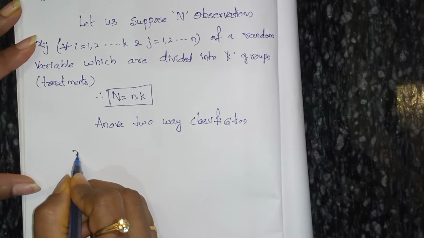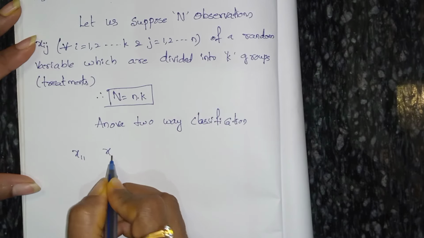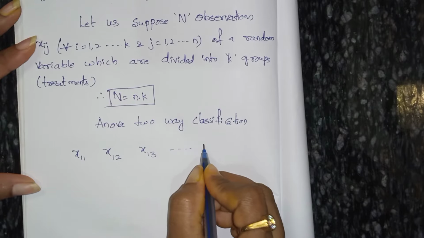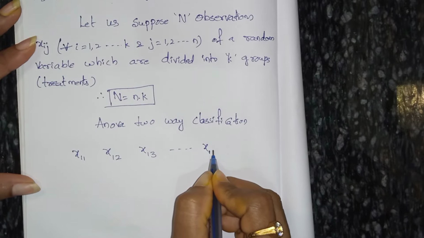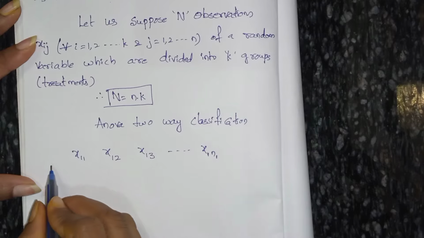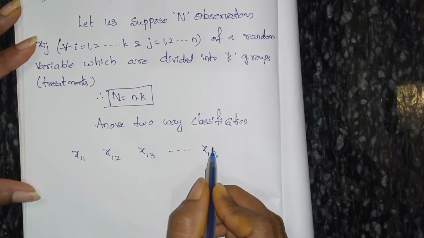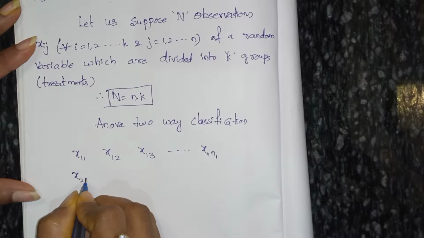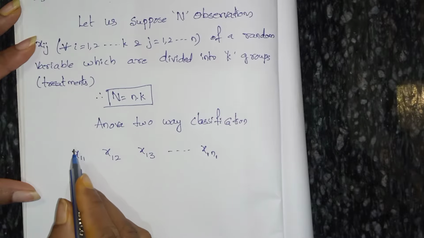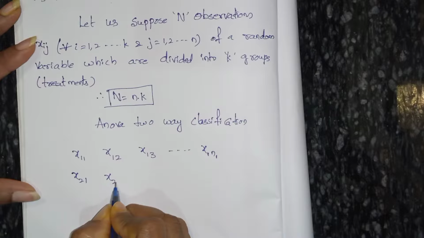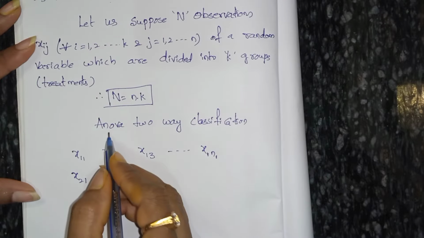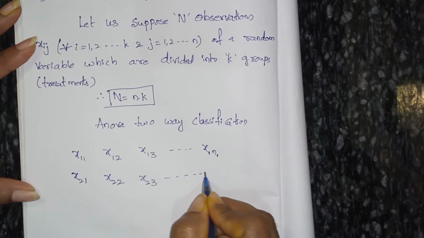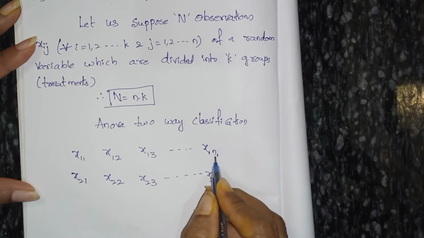Here x11, x12, x13 and so on, x1n1. These are the rows. Next, x21, that means second row, first column. x22, second row, second column. x23 and so on.